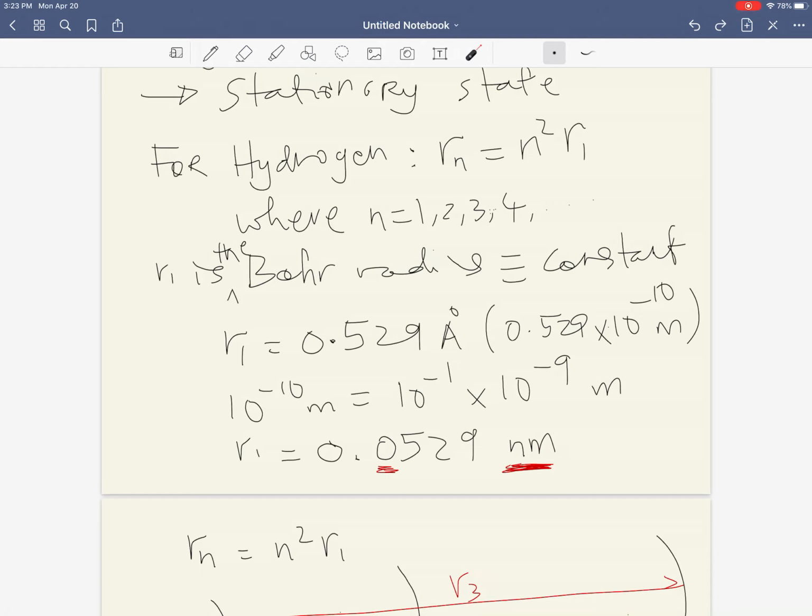Please be careful. Just pick one and stick with it. If you're going to write the Bohr radius in angstroms, stick with it. If you prefer to write it in nanometers, well, do that too. But make sure that you have this extra 0 here. So best suggestion, just pick one of these and stick with it.